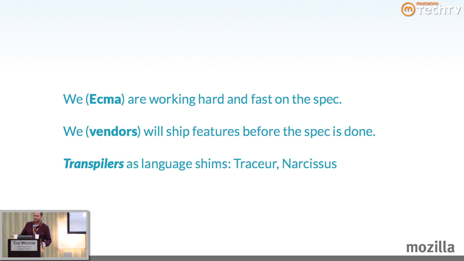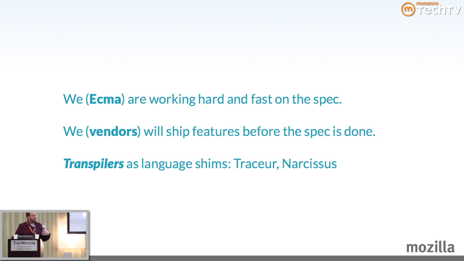We also have a JavaScript in JavaScript implementation called Narcissus, and we're working on doing a language shim ourselves, just as an experiment. But it's my hope that we can actually get to a point where, just like doing CoffeeScript development, you could write in the new version of the language, but then compile it down to a more backwards compatible, web compatible version of ECMAScript.